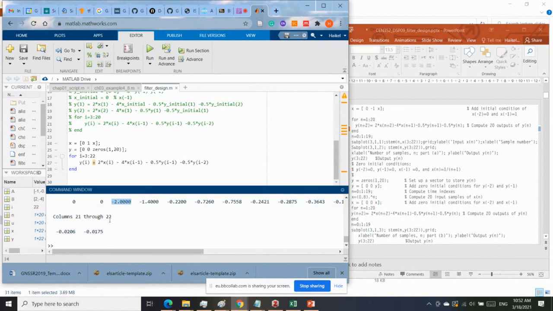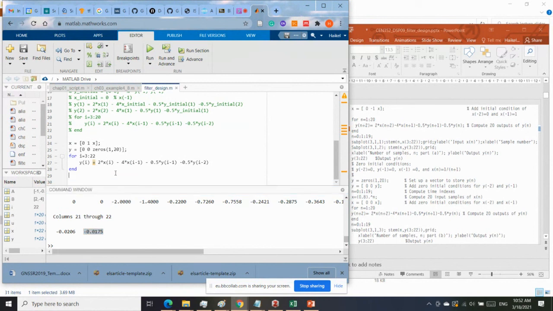So this is from x1 all the way to x20, or y1 all the way to y20. We are computing y1 to y20.